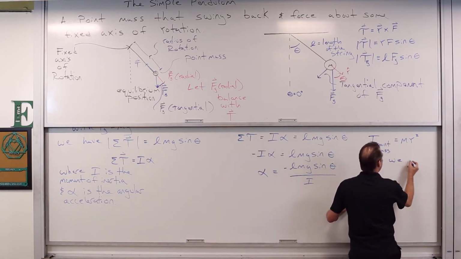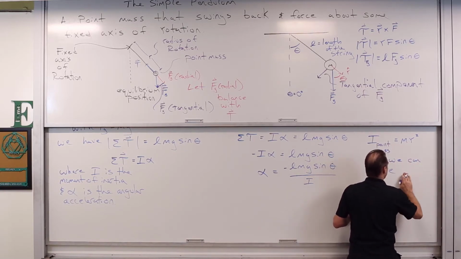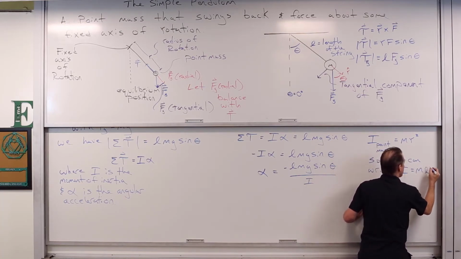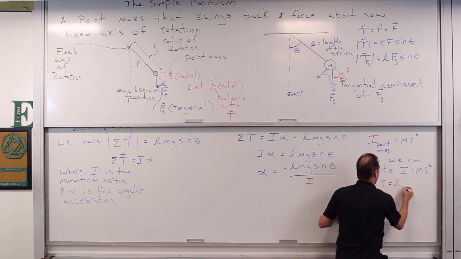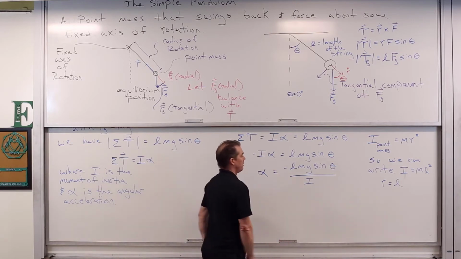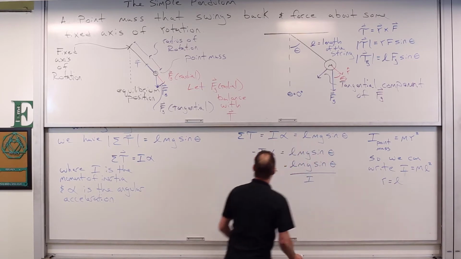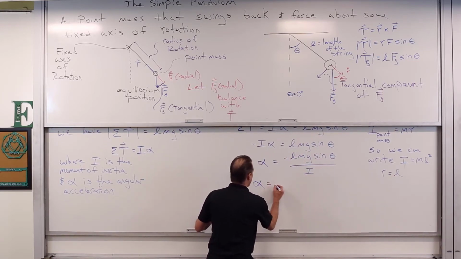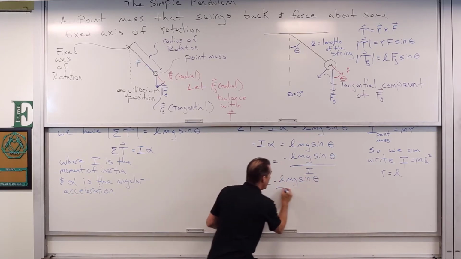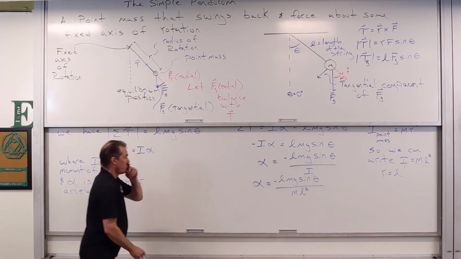So we can write that the moment of inertia, I, of this point mass is m times L squared, r is equal to L. What happens when we put that in here? Some magic. We put in our m L squared for I, and then we've got alpha is equal to negative L mg times the sine of theta divided by m L squared.